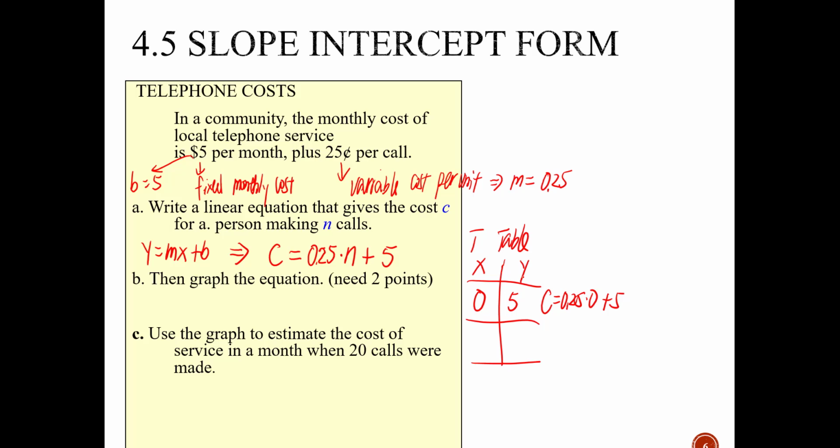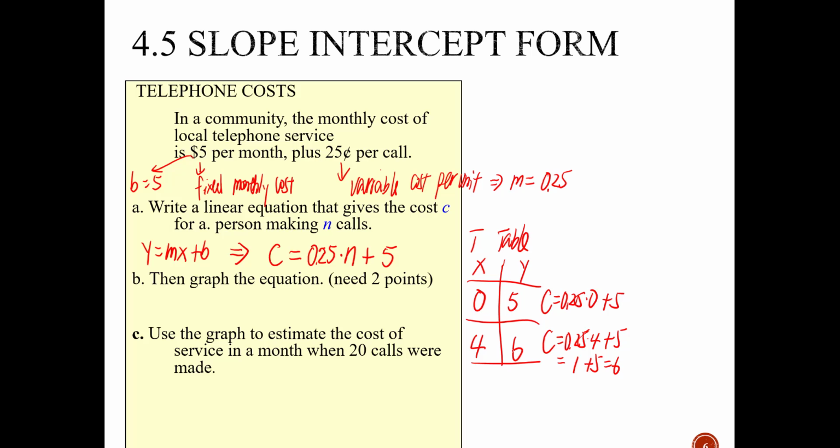And secondly, we can create another ordered pair. Right? So let's say n equals 4, to make it exact. When a person is making 4 calls, then the total cost is 0.25 times 4, adding 5. 0.25 times 4, that's 1, plus 5, that's 6. It costs $6 to make 4 phone calls.